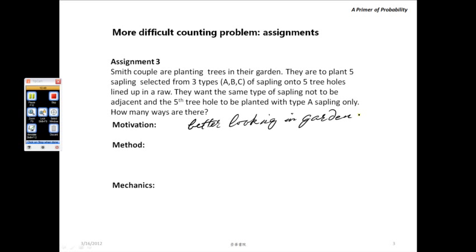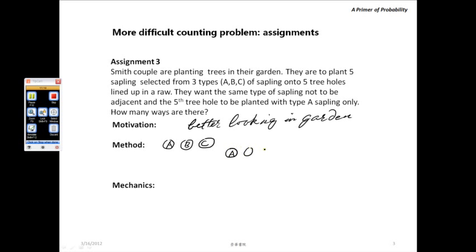First, the three types of saplings could be labeled as circle A, circle B, circle C.